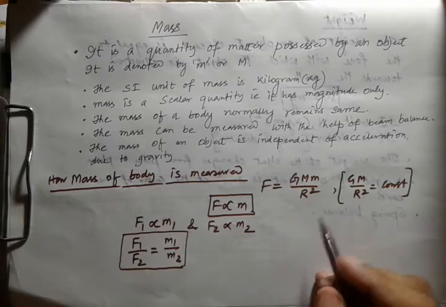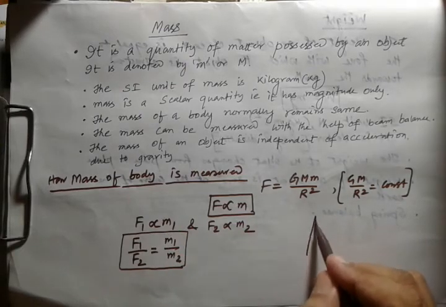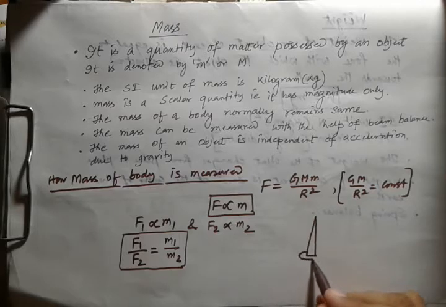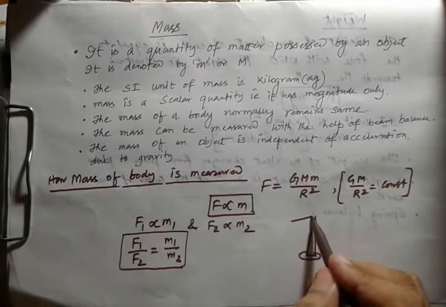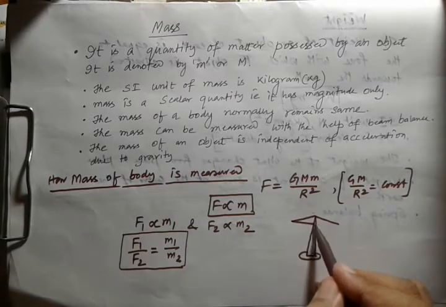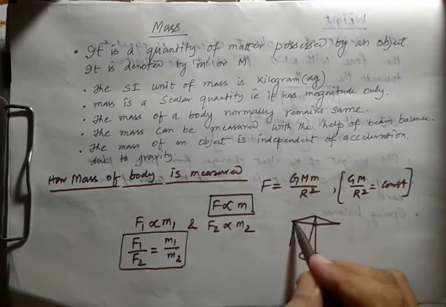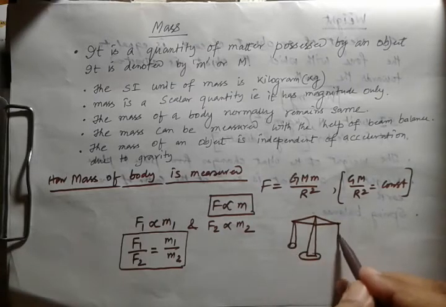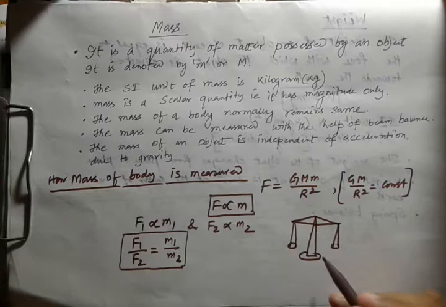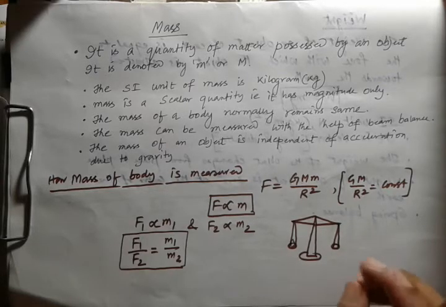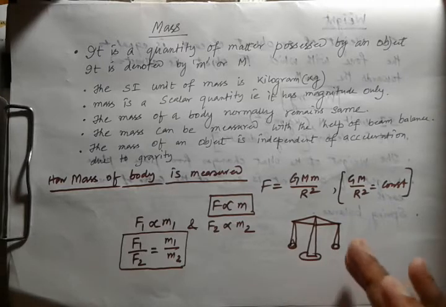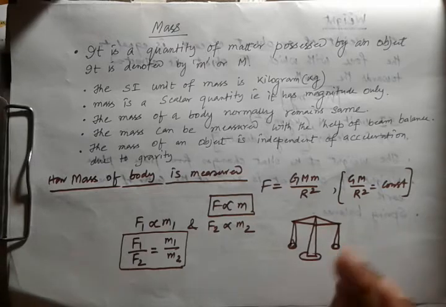You have seen the beam balance, it looks like this. There is a pan on each side, so on this side we place the object and on this side we place standard masses, like 5 kg, 2 kg, 1 kg.